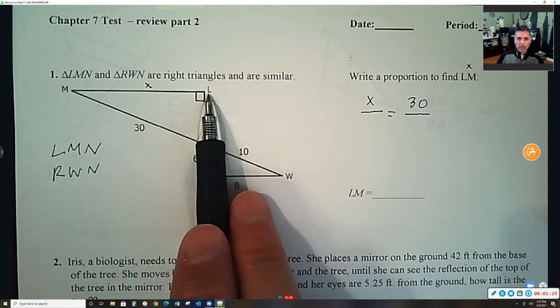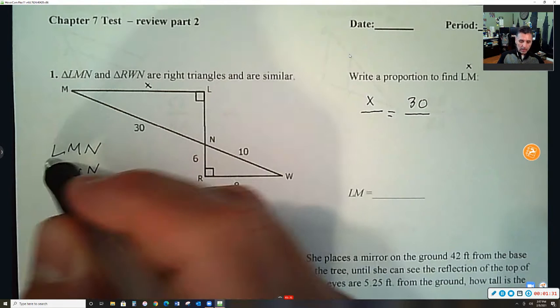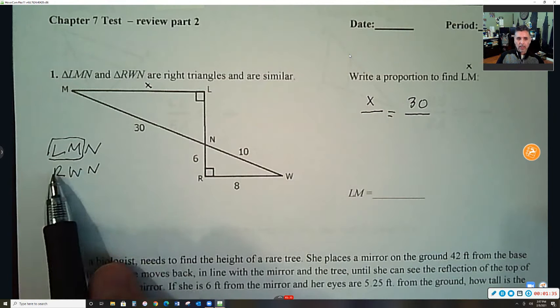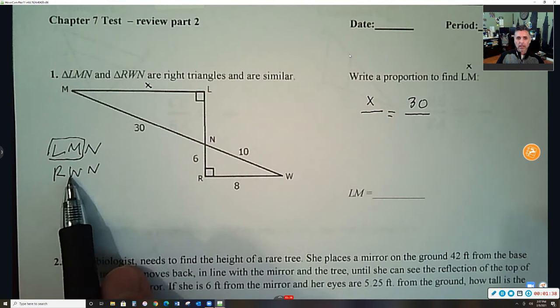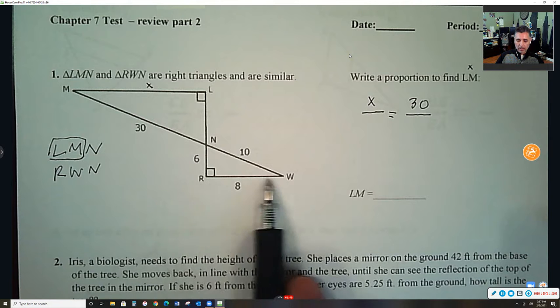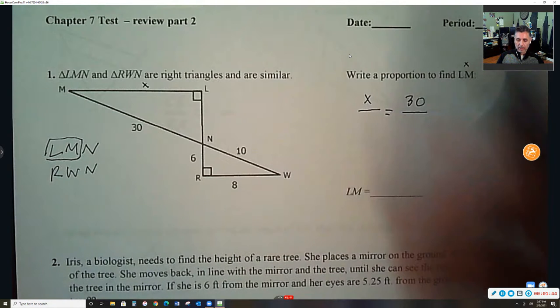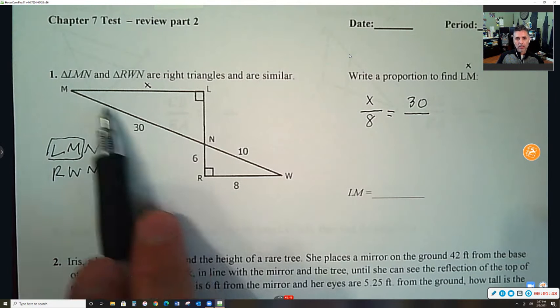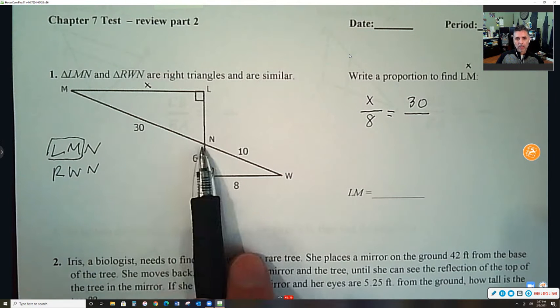Well, if you look, X goes from L to M. That's these two letters. And the two letters that are underneath LM are RW. So RW is this side. So I know 8 goes underneath the X.